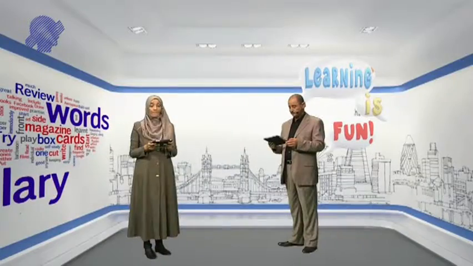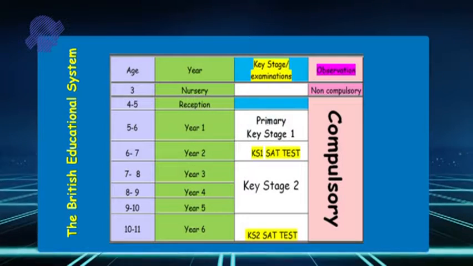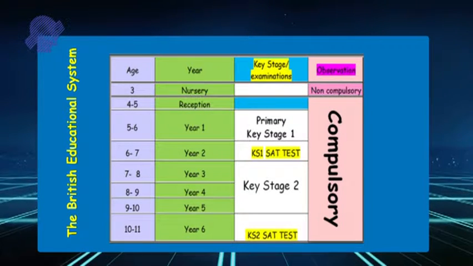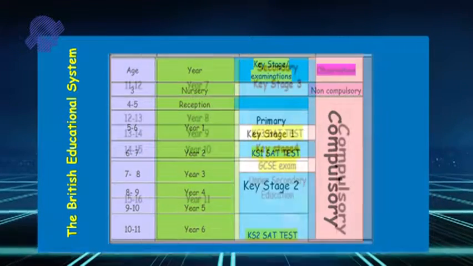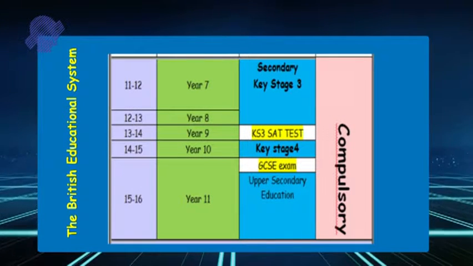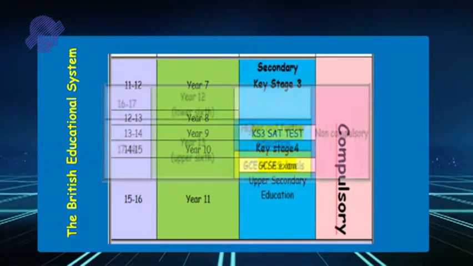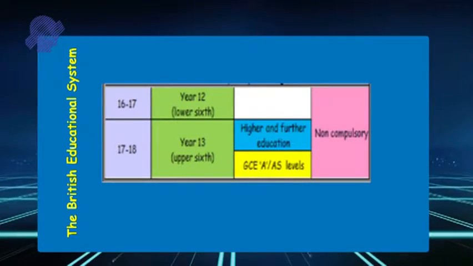Well, now we are going to go back to the British educational system with this diagram. You notice that there are three main parts. So we have the primary, the secondary or the lower secondary, which are compulsory, and upper secondary education.